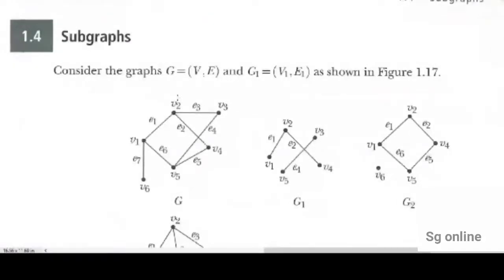If I draw an edge from V2 to V5, that is not permitted for a subgraph, because that edge is not in the original mother graph. So we can only take the edges which are present in the mother graph. On the other hand, if we have an edge in a subgraph, its endpoints must be the same as the endpoints in the mother graph.